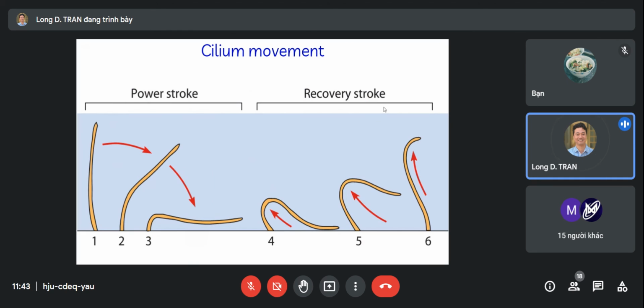And this bending of the cilium and flagellum leads to the power stroke, which allows the movement of the cell forward or allows the movement of fluid outside of the cells. And later, the combination of the dynein along the cilium or flagellum will allow the flagellum and cilium to return to the original state in the recovery stroke.